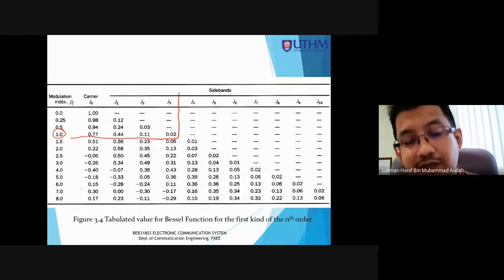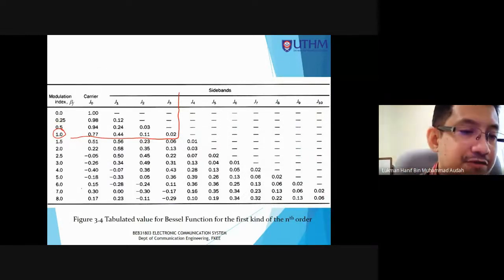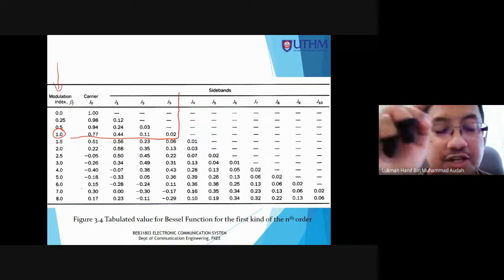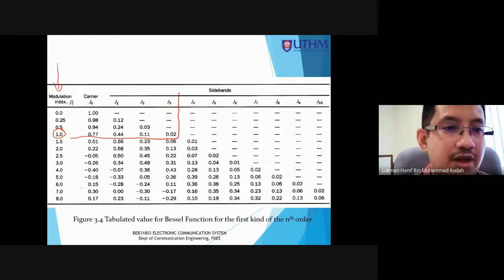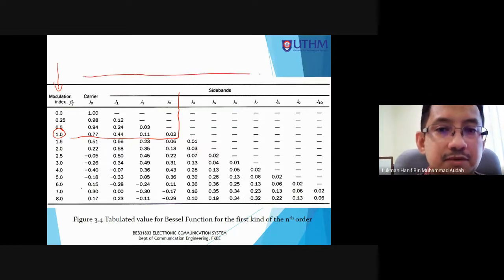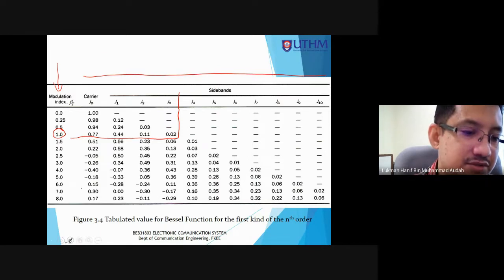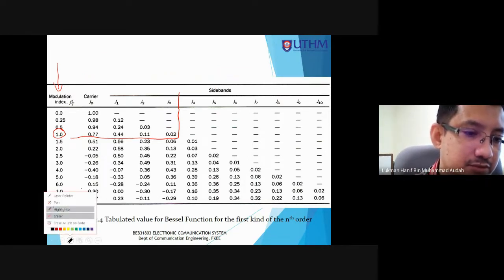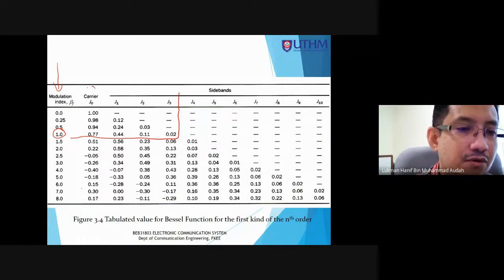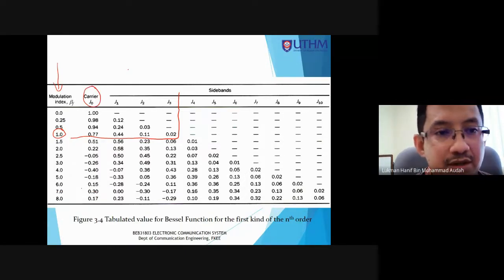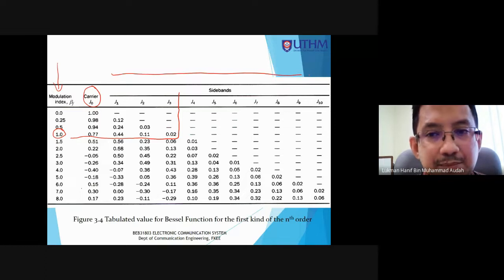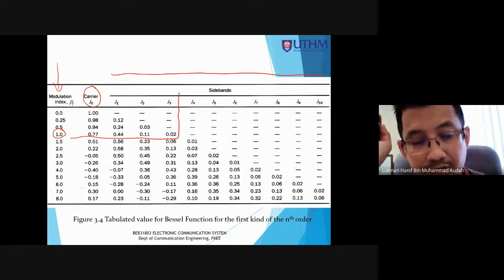If you see this table, here is the modulation index beta, and over here is the carrier component, and the rest are the sideband components.